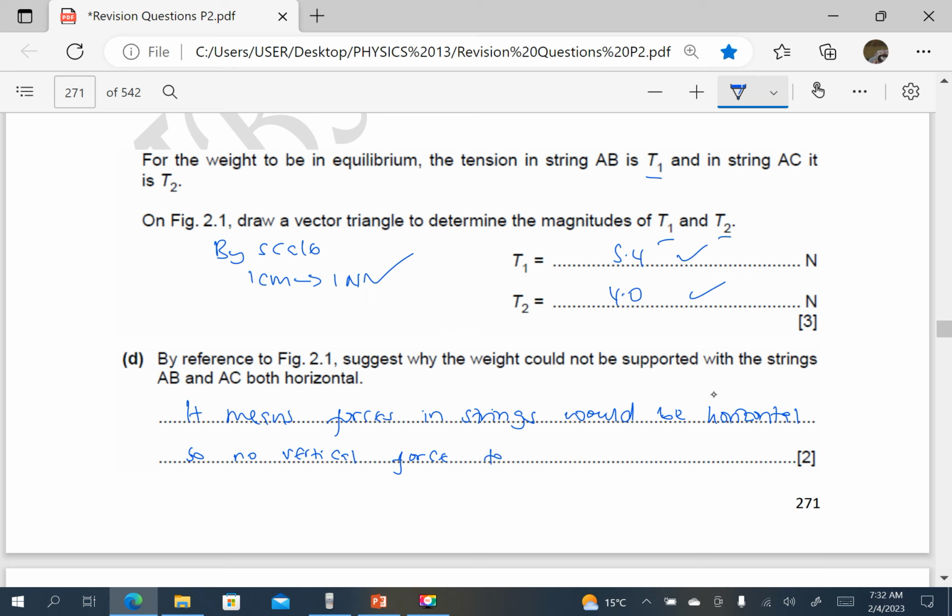There will be no vertical force to support the weight. If the forces in the strings were horizontal, they would have no vertical components. So there would be no vertical force to support the weight. Therefore, equilibrium could not be achieved in that case.